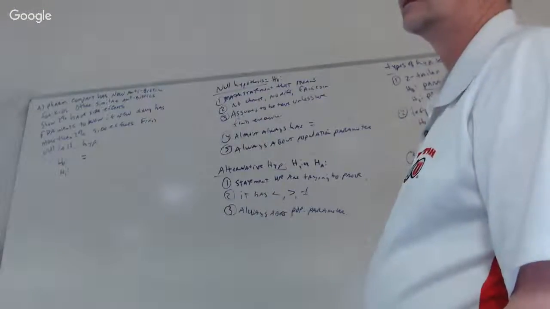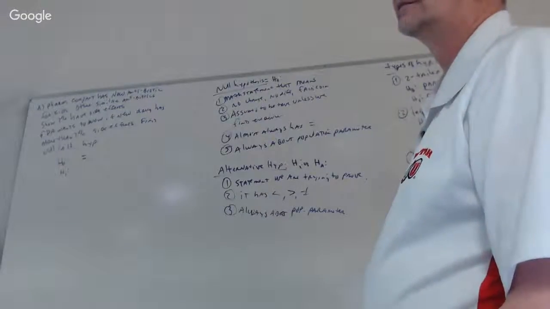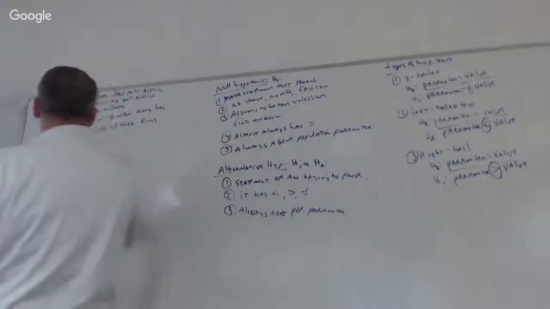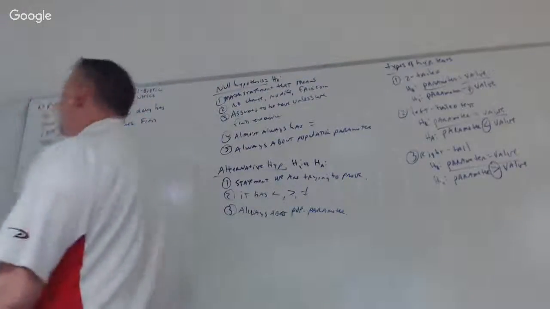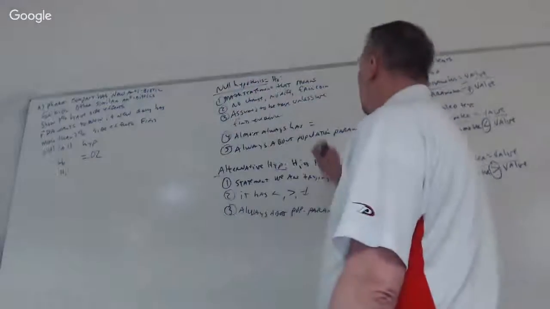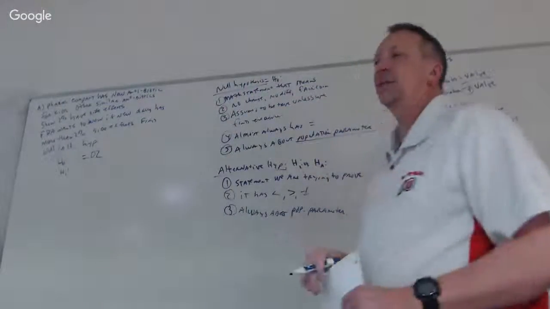I guess I would assume that you would say like the similar antibiotics equals like 2%. 2%. Okay? I'm going to write 2% as 0.02. Okay? Now, I want to concentrate on this one here, always about the population parameter. So conceptually, what you said was true, but I don't want to write a sentence.